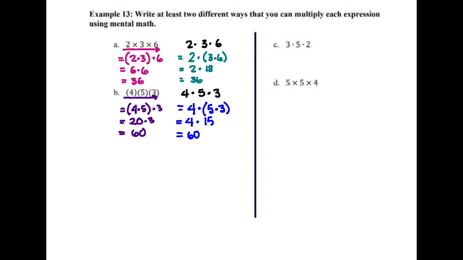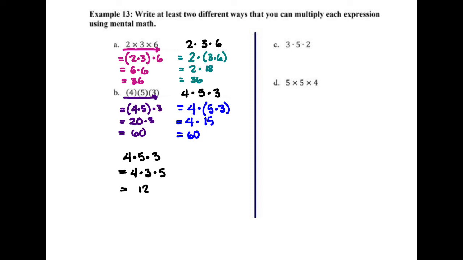Okay, could I have changed the order? Absolutely. So 4 times 5 times 3 was our original. And now I'm going to reorder it. And let's move the 3 into the middle and the 5 at the end. And then just go straight across.